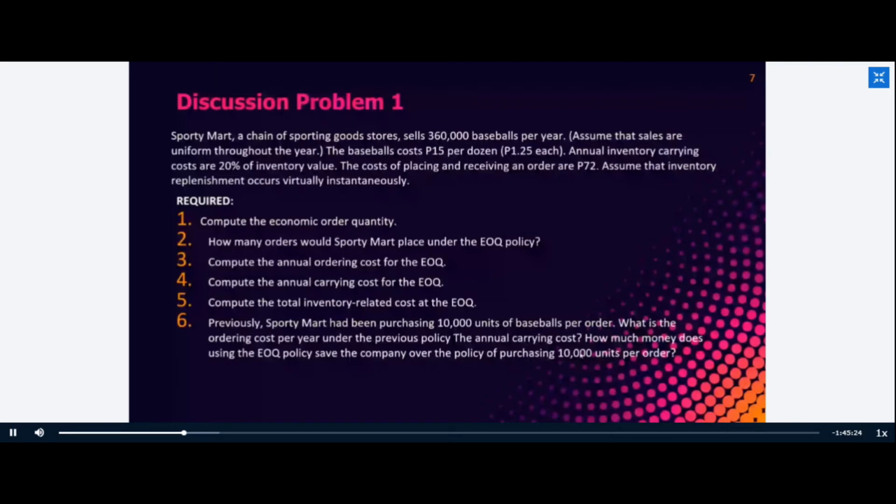So meaning your ordering costs and carrying costs will be equal, no? Tsaka usapan din natin last time na hindi siya coincidence, no? It's the actual result of EOQ. So of ECQ in cash management, and this time EOQ for the inventory management, right?